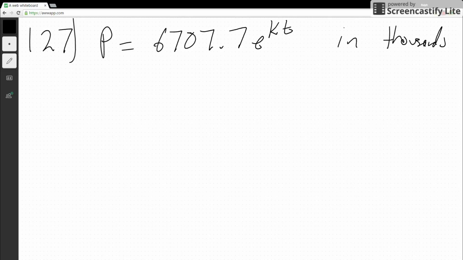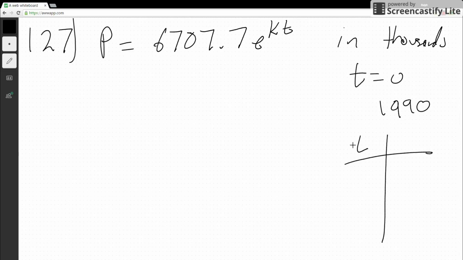If I say t equals 0, that corresponds to the year 1990. In 2008, there's a time, there's a P for an output.